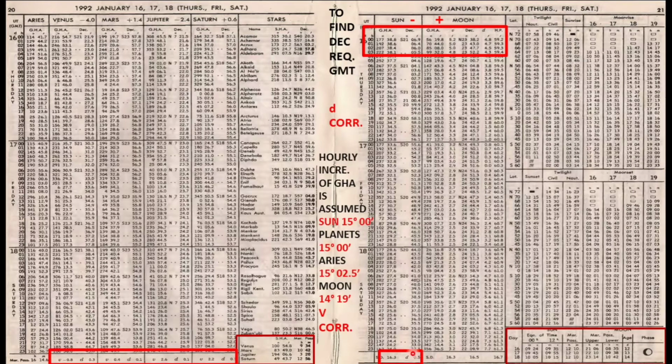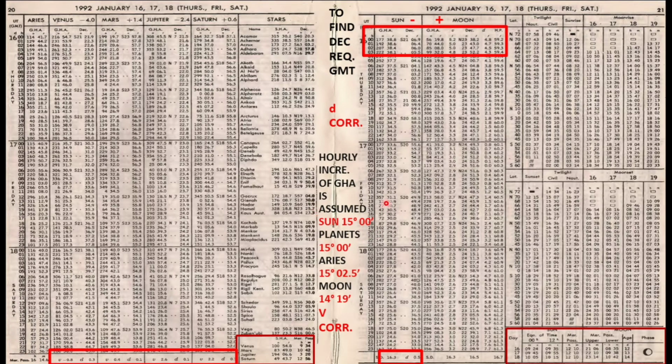Then below here we saw that along with D, V was given. V is given for all the planets, and for the moon it is given hourly, for the rest of them it is given for 3 days, and there is no V correction for Aries.